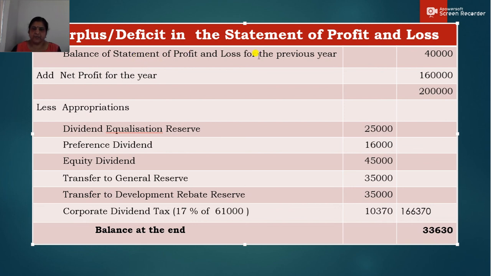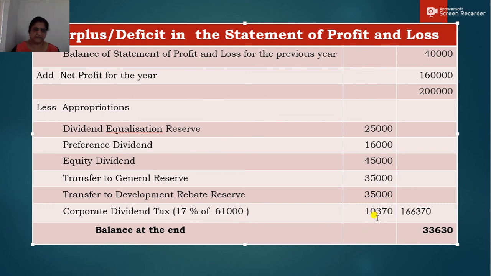That is, the opening balance is 40,000. The net profit for the year, that is 3,10,000 minus 1,50,000, 1,60,000. So the total is 2 lakh. Then transfer to dividend equalization reserve 25,000, preference dividend 16,000, equity dividend 45,000, transfer to general reserve 35,000, transfer to development rebate reserve 35,000, then corporate dividend tax, that is 17% of 61,000, 10,370.